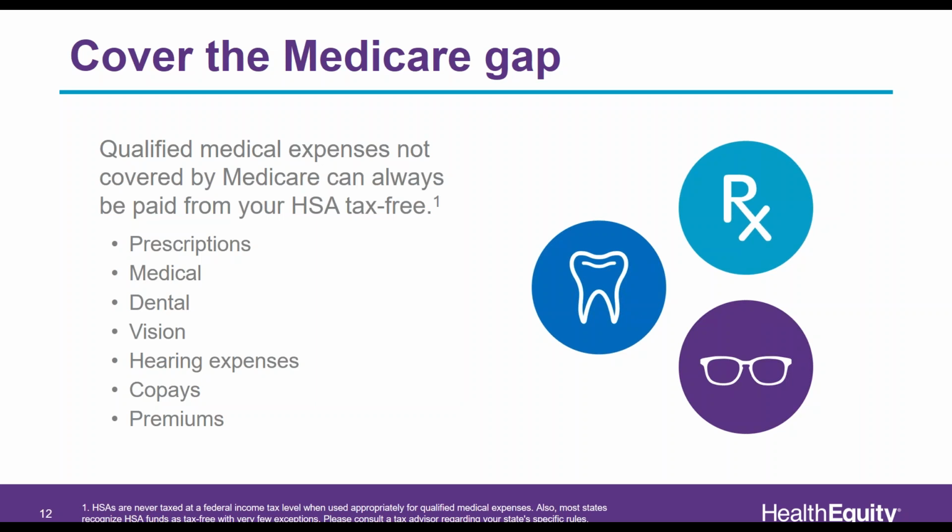Hearing expenses, including hearing aids as well as their batteries, are qualified expenses. Copays as well as Medicare premiums are qualified medical expenses to be paid out of your HSA account. That will help you bridge that gap, fill those holes that Medicare is going to leave with those out-of-pocket healthcare costs.